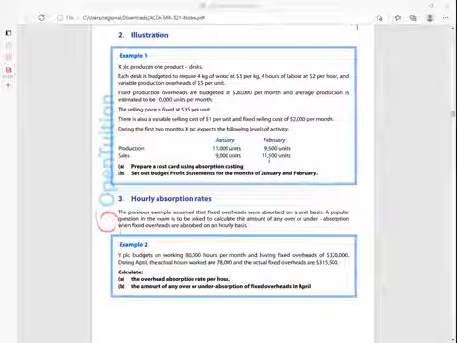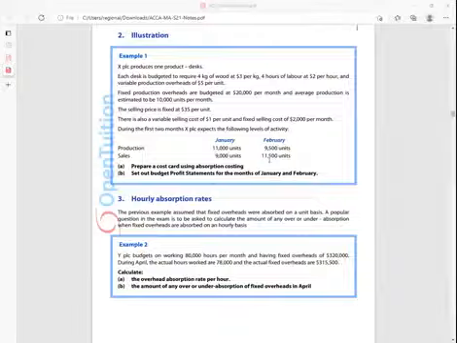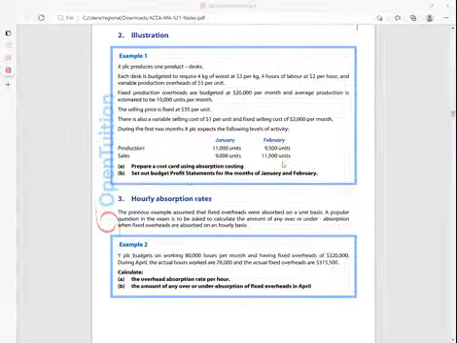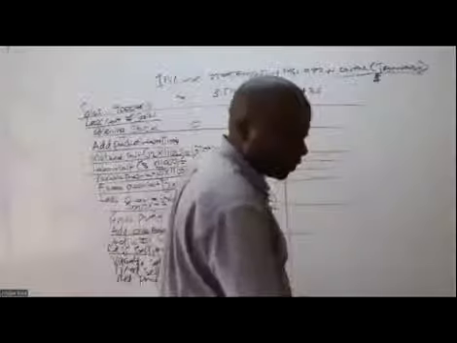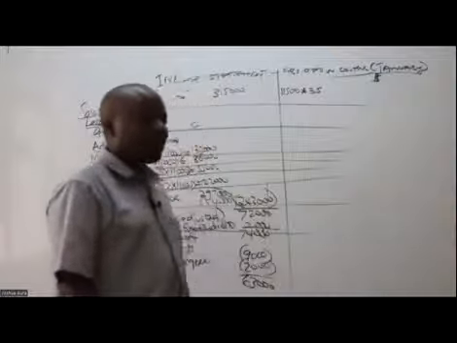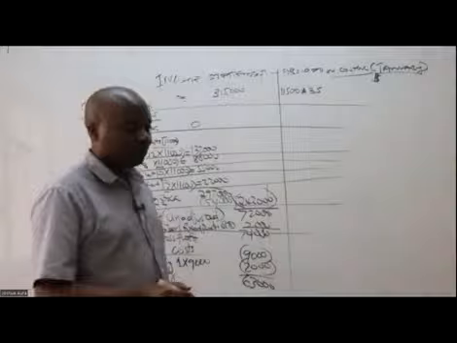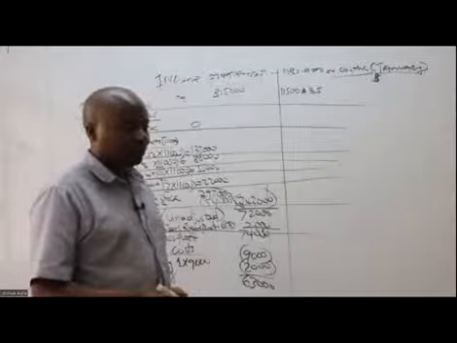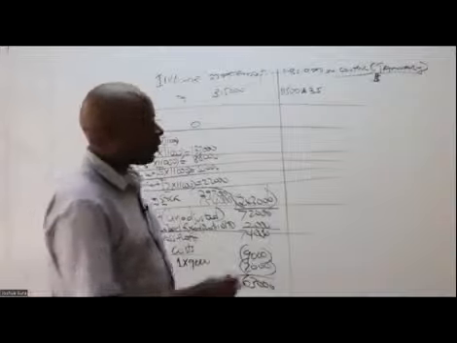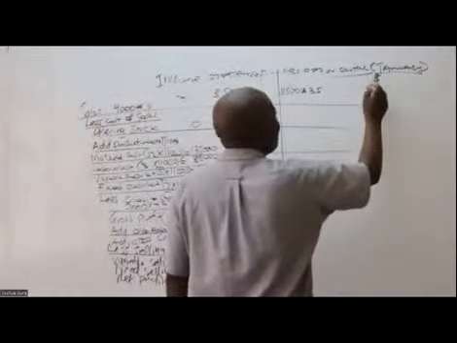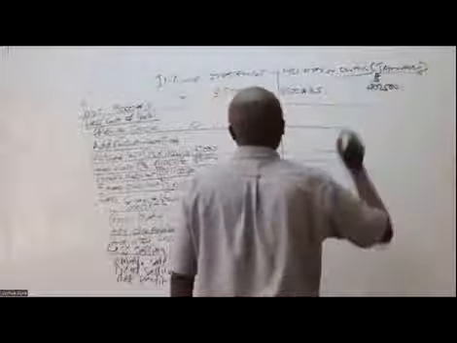So could you kindly give me the dollars there? 11,500 times 35 will give us what figure? $402,500. Thank you so much.